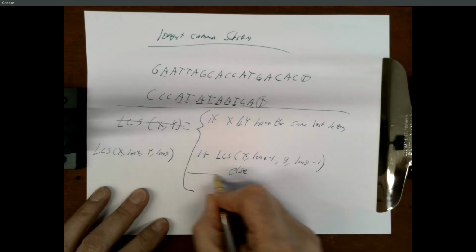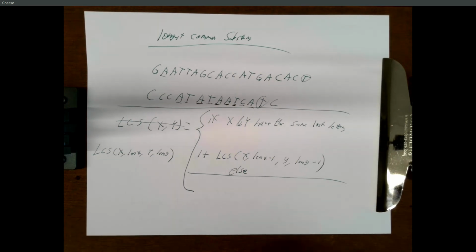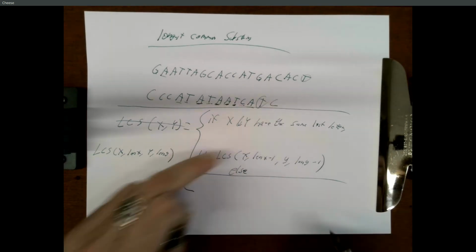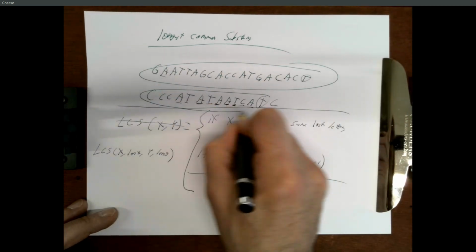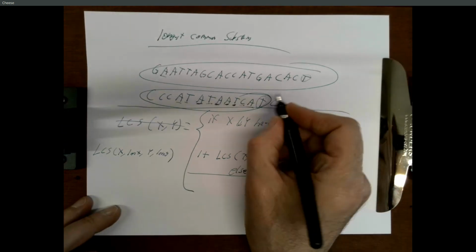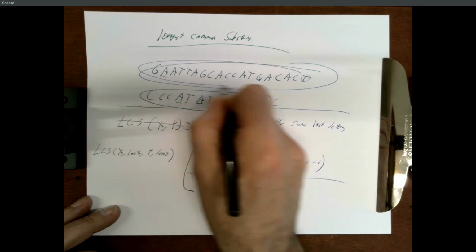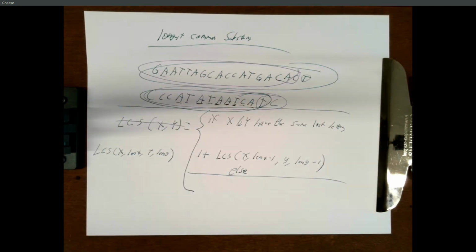If they don't end with the same letter, so this ends with a C and this ends with a T, well, we can now consider two other problems. The first is the longest common subsequence of this with that. And the other is the longest common subsequence of this shortened string with this original string.